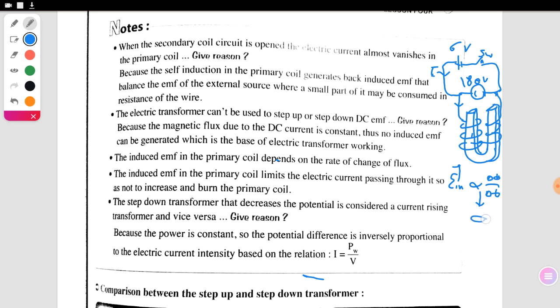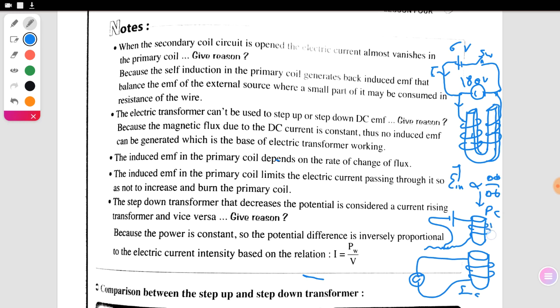Like this, this is a coil in the form of a solenoid connected with a battery and rheostat, while the second solenoid is connected with a moving coil galvanometer. The first is called the primary coil, while the second is called the secondary coil.